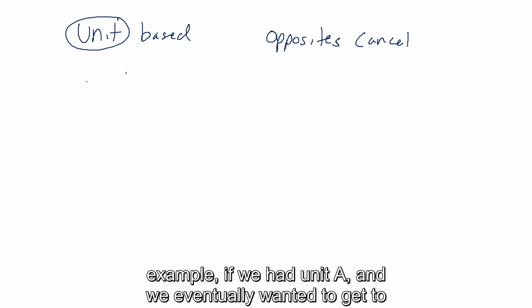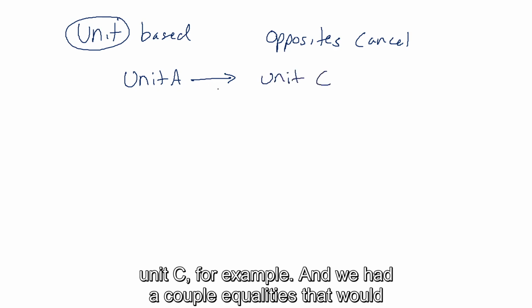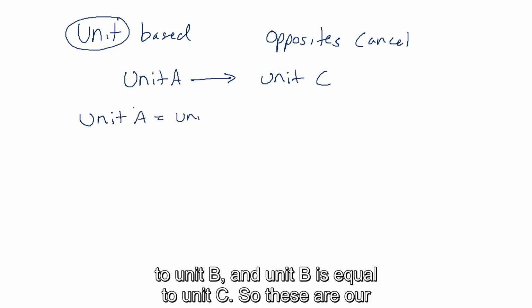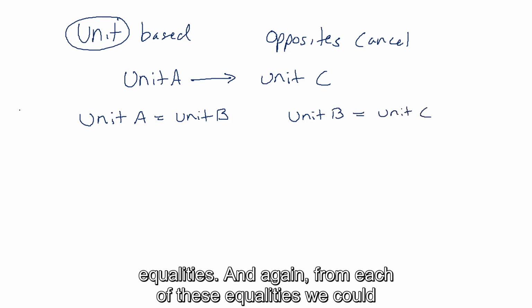So for example, if we had unit A and we eventually wanted to get to unit C, and we had a couple of equalities that would allow us to do that, let's just say that unit A is equal to unit B, and unit B is equal to unit C. So these are our equalities.